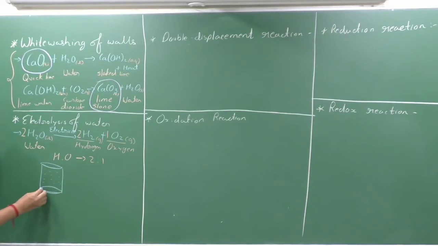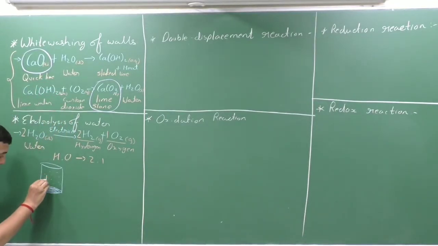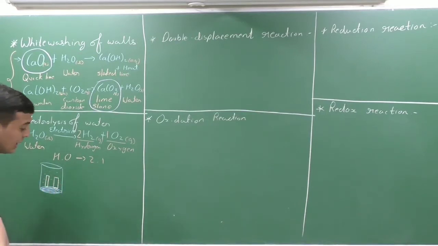Now, from the bottom of the beaker, I am inserting two graphite electrodes through which I am going to pass the current. See, these are the two electrodes of graphite.